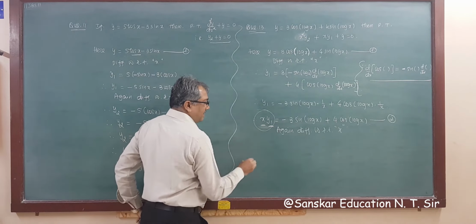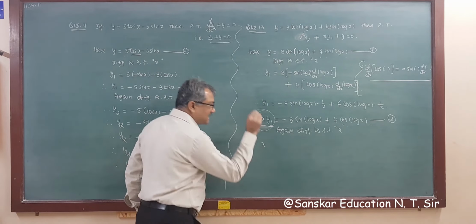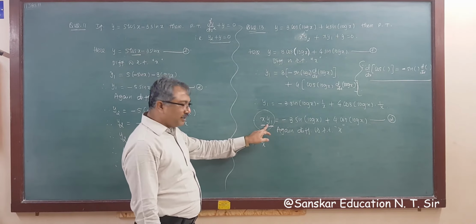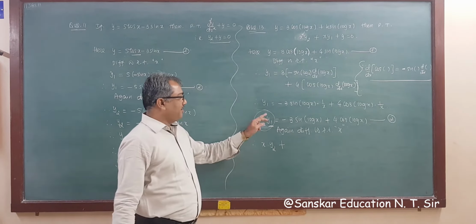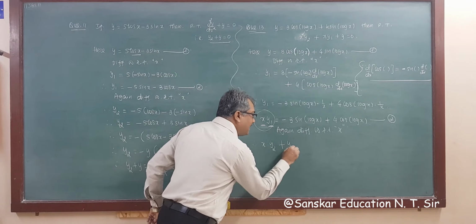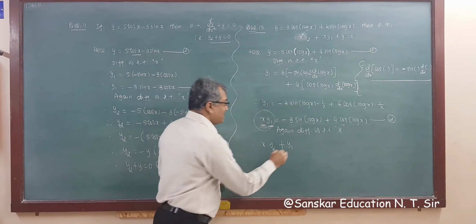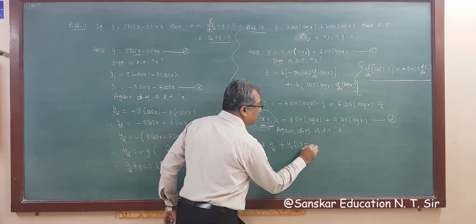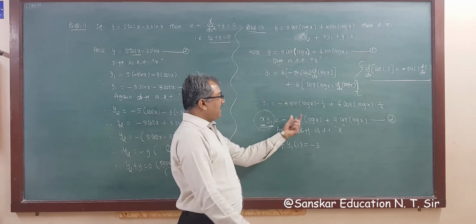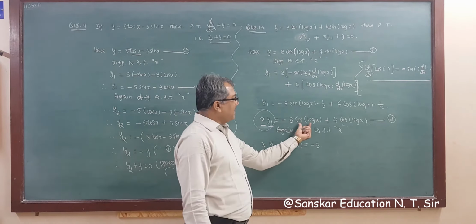So be aware here. x as it is, now the derivative of y1 is y2, plus y1 as it is, and now the derivative of x is 1. So this is equal to minus 3 constant. Now sin bracket, the derivative of sin bracket is cos bracket, and the derivative of the bracket is 1 upon x.